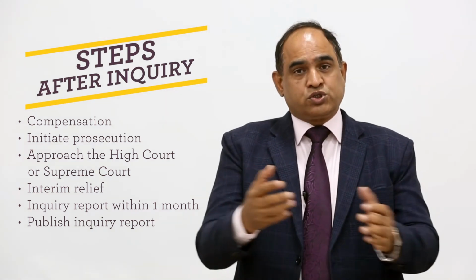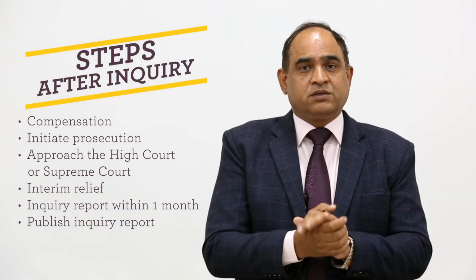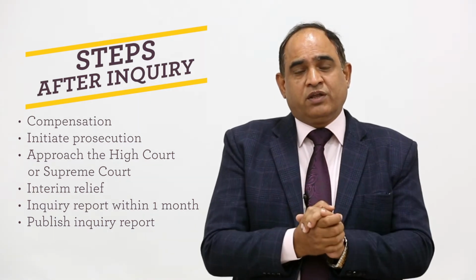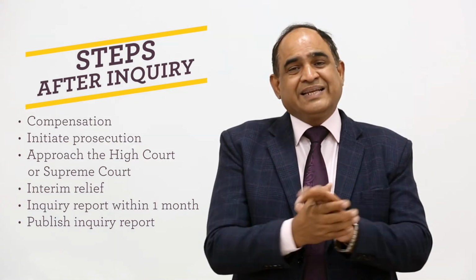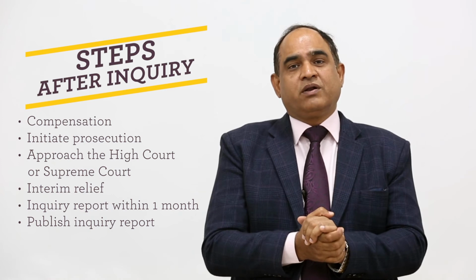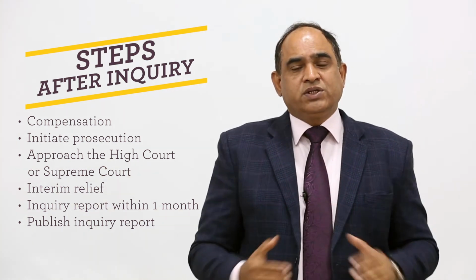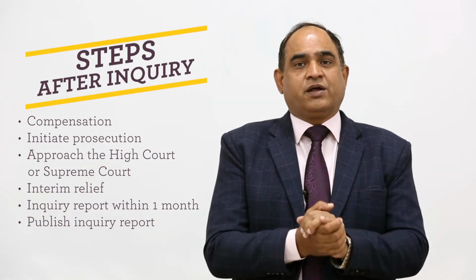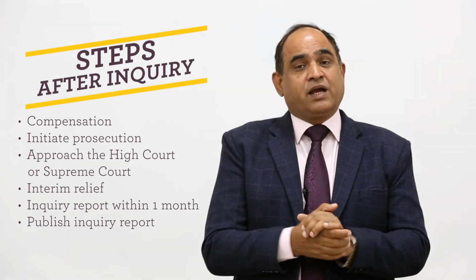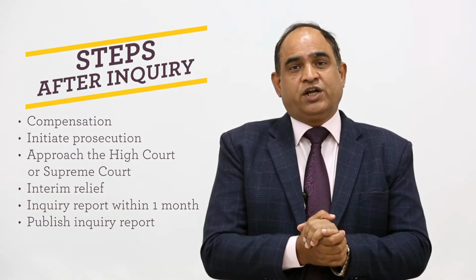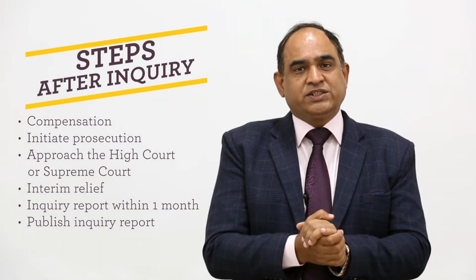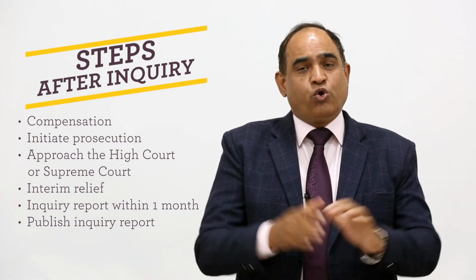The commission can also recommend prosecution of the guilty or errant public servants involved in that particular incident. The commission can share its report to the complainant, and the commission can also publish its report of the human rights violation and also its own order.